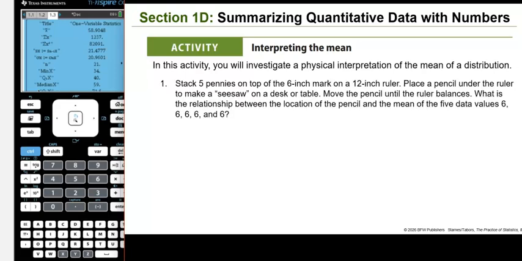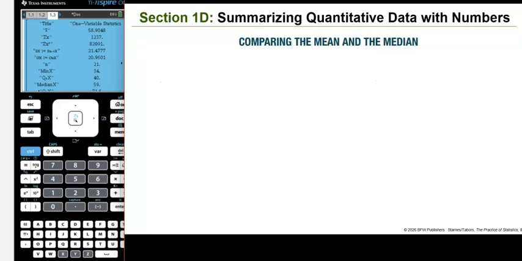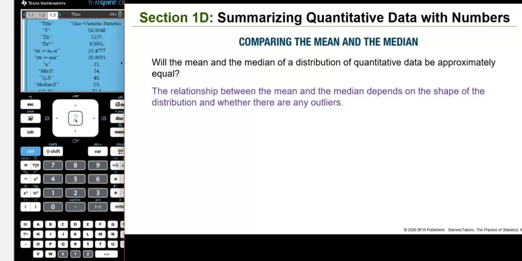So we're not going to do this here right now, but that's one way to do it. Compare the mean and median. Will the mean and median of a distribution be approximately equal? If it's symmetric, that's true. Depends whether the shape is symmetric or if there are any outliers. So with outliers, probably not.